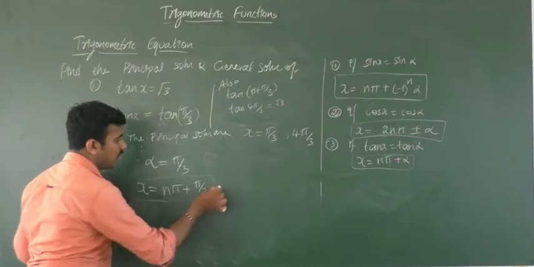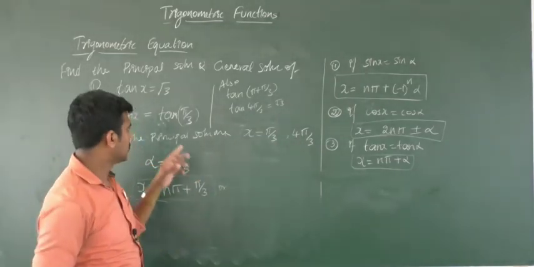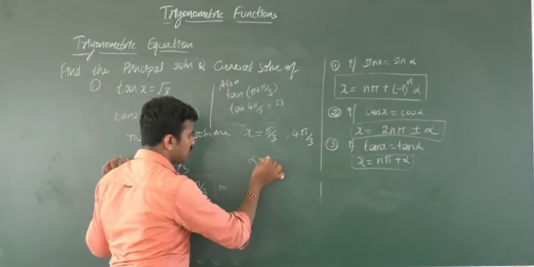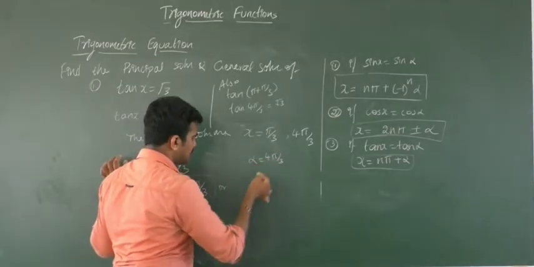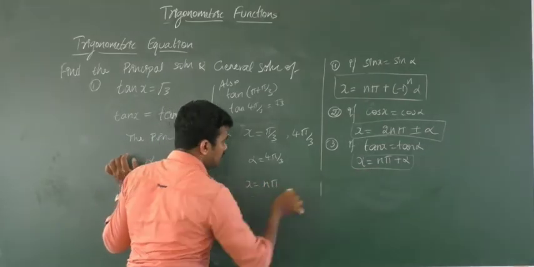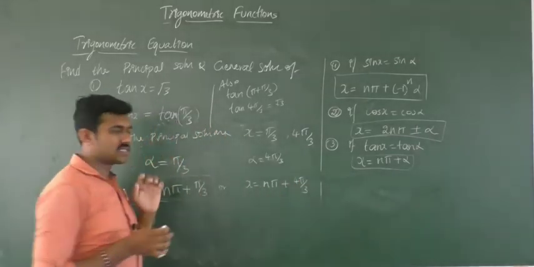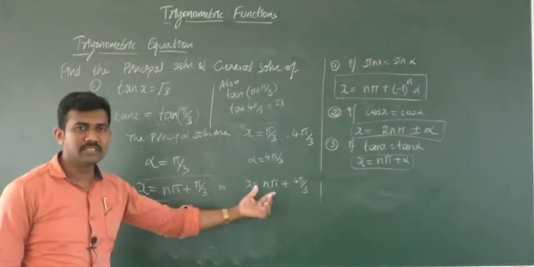Or we can also write it using the next principal solution. If you consider alpha is equal to 4 pi by 3, then this can be written as x is equal to n pi plus alpha, alpha meaning 4 pi by 3. These both are the same. It appears different, but both are the same.